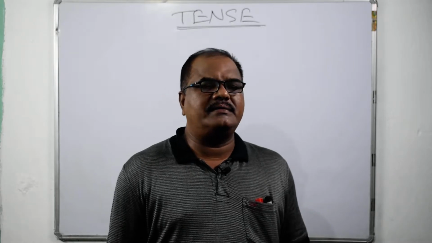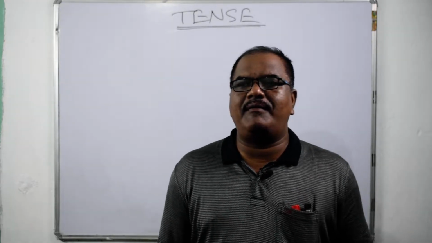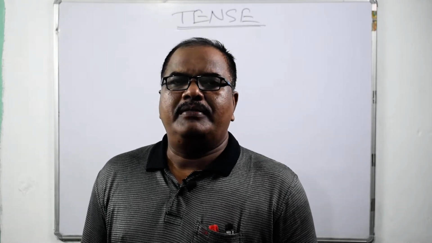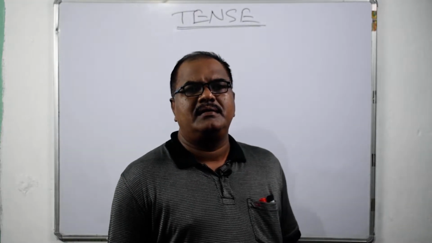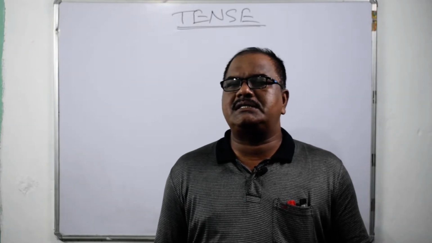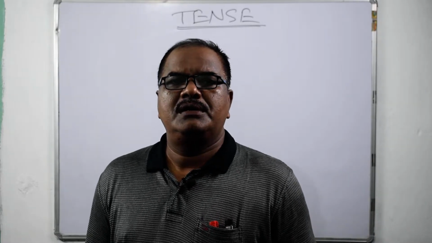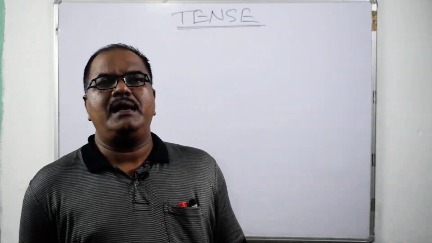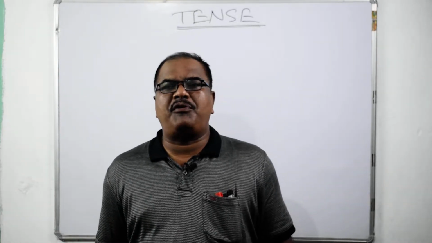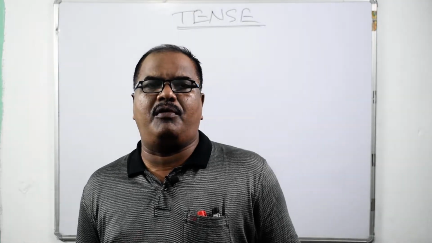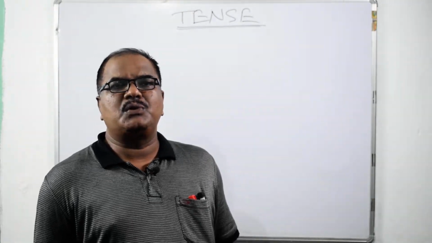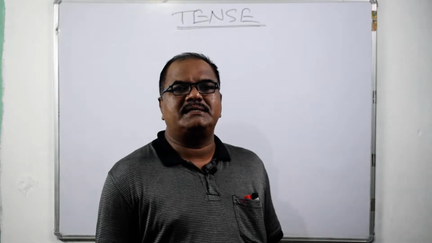But on the other hand, according to the modern grammarians, there are two types of tenses. They argue that there are two types of tenses because a verb has only its present and past form. It has no future form. Therefore, there is no question of future tense.